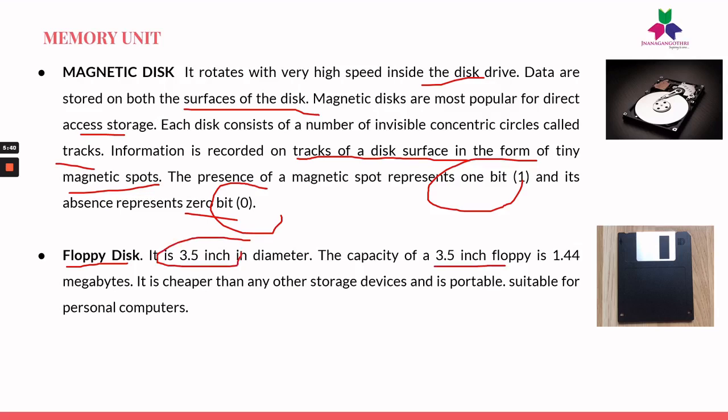Compared to the current memory storage devices, this is very less, but it is also a cheaper storage device, and it is portable, suitable for personal computers. Floppy disks are nowadays obsolete because of the very small storage space in comparison to other storage devices. But a standard 3.5 inch floppy offers a storage of 1.44 megabytes.